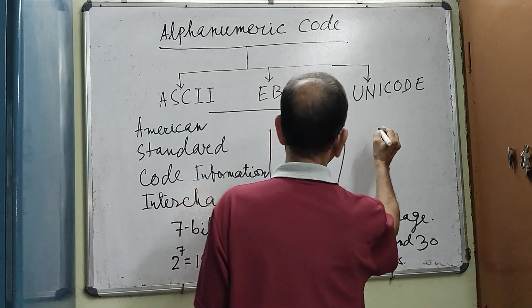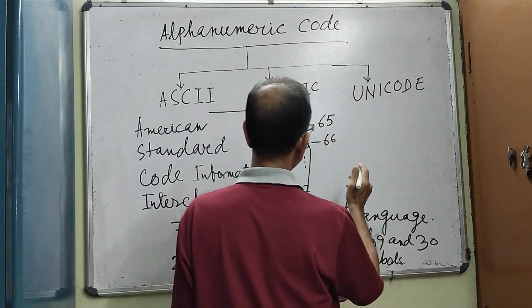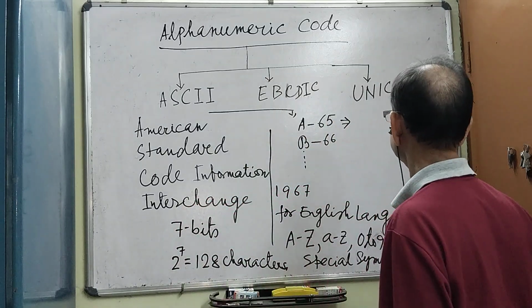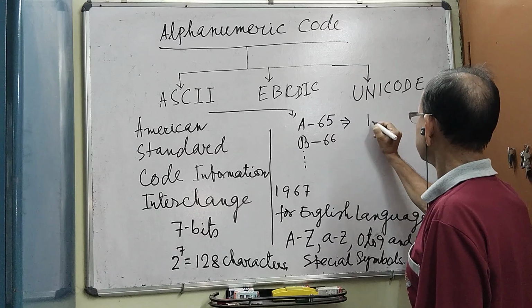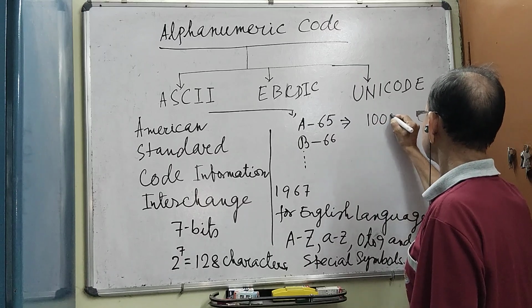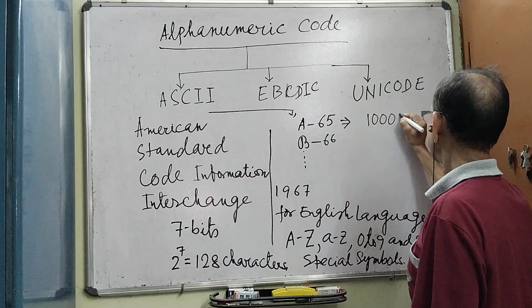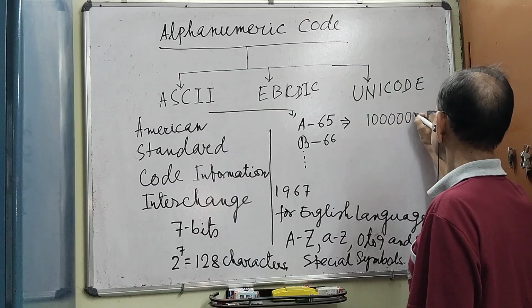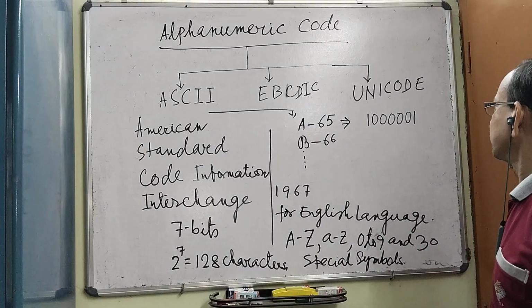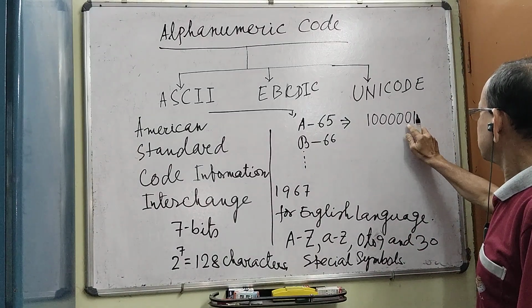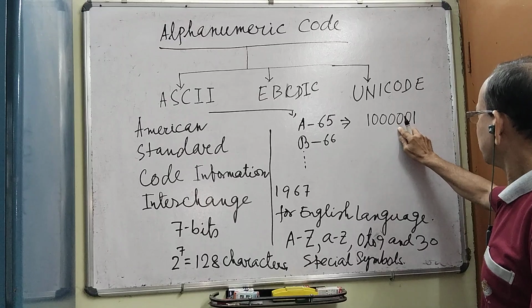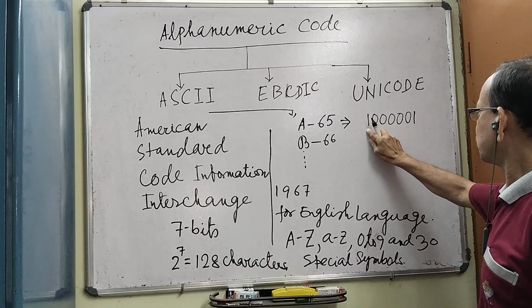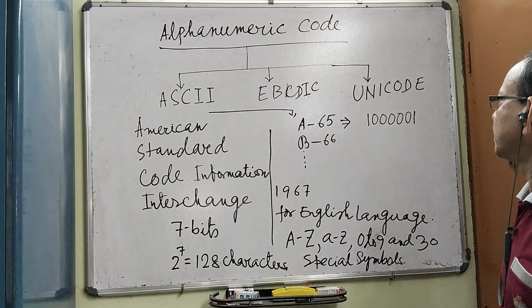If you convert 65 into a binary number in 7 bits, check 1, 2, 4, 8, 16, 32, 64. 64 plus 1 is 65.